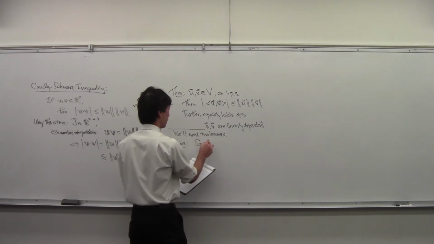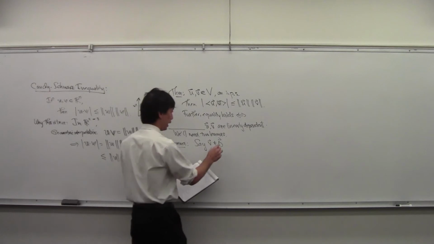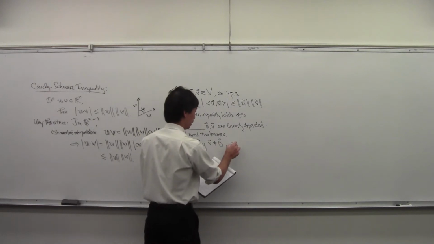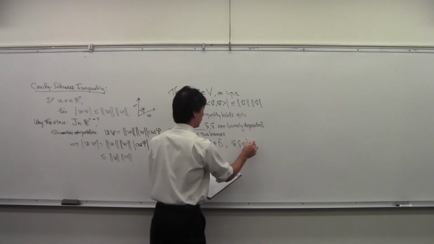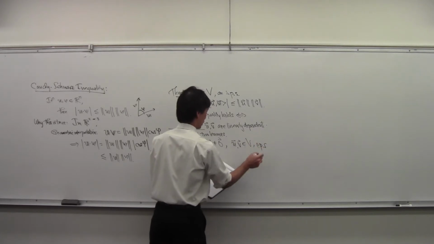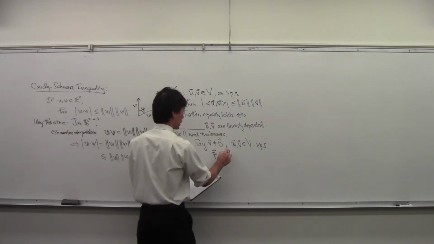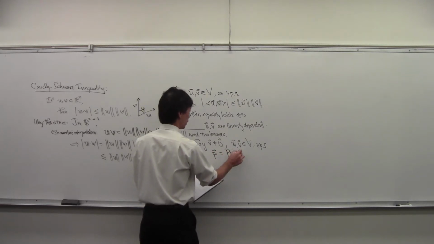Suppose that you have some non-zero vector v, and u and v are in your inner product space, and p is the projection of u onto v.